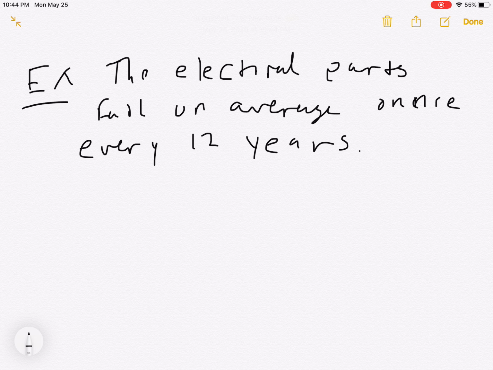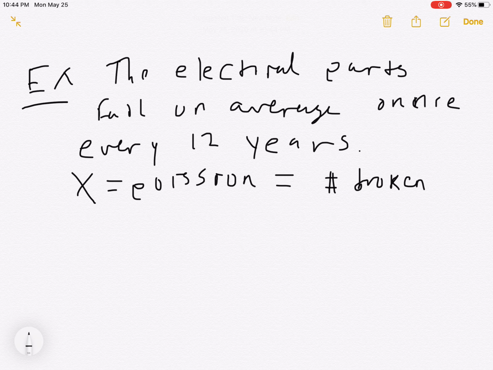So here I have a Poisson process because X is Poisson, and this is equal to the number of broken parts every 12 years.